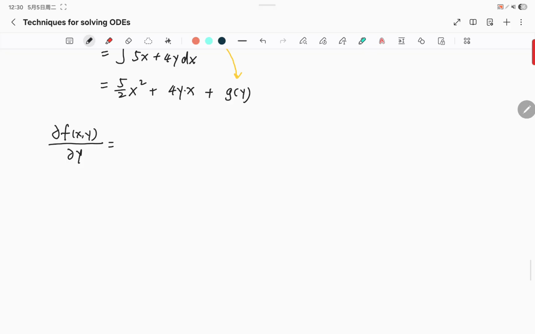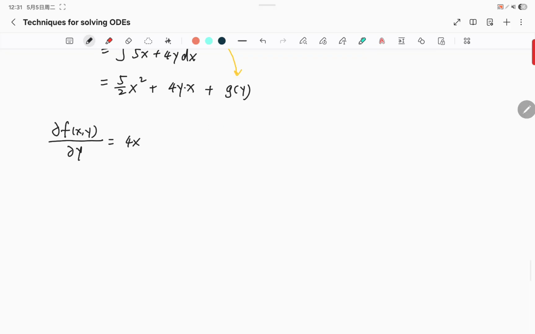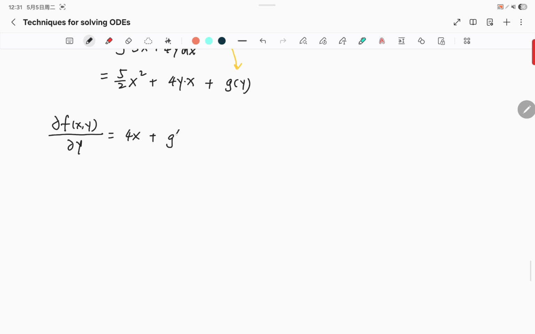If you don't see y, like this first term, 0, gone. Here you see y, so do a normal differentiation, which is just 4x. Using the power rule, because it was 4yx with y having the first power, the 1 comes down, minus 1, gone. You're left with 4x. What's the derivative of g of y? g prime of y, like that.